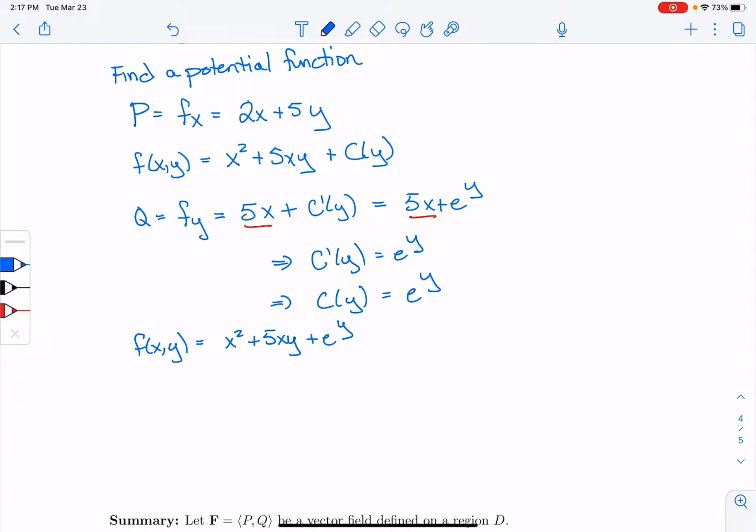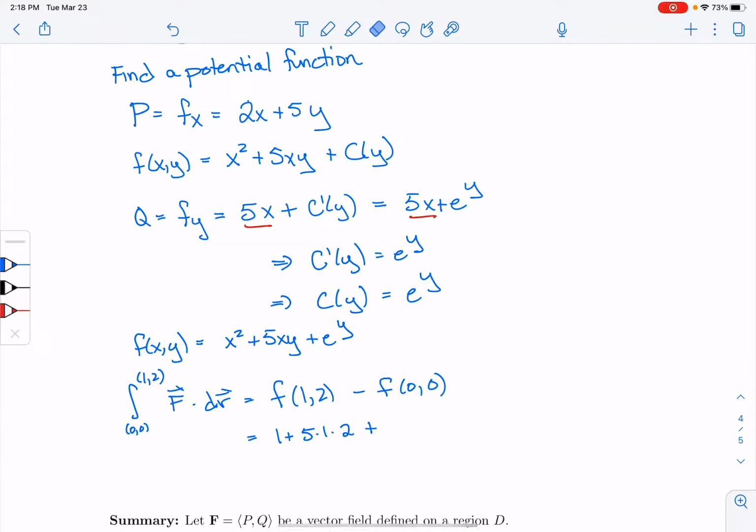So if I want to integrate from (0, 0) to (1, 2) F dot dr, I can do that by essentially evaluating my potential function at the two endpoints, f of (1, 2) minus f of (0, 0). So f of (1, 2) is going to be 1 plus 5 times 1 times 2 plus e to the 2.